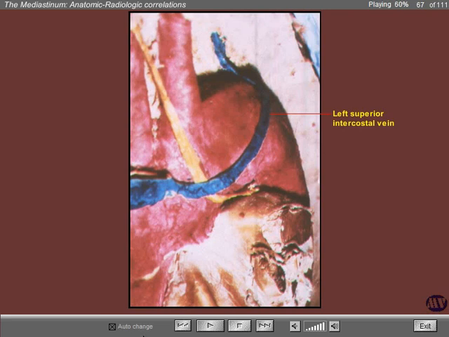It can appear as a normal variant or become enlarged whenever there is obstruction of central veins. Tony Proto and Dr. Heitzman have provided this anatomical section. Also note that medial to the vein we see the left recurrent nerve.